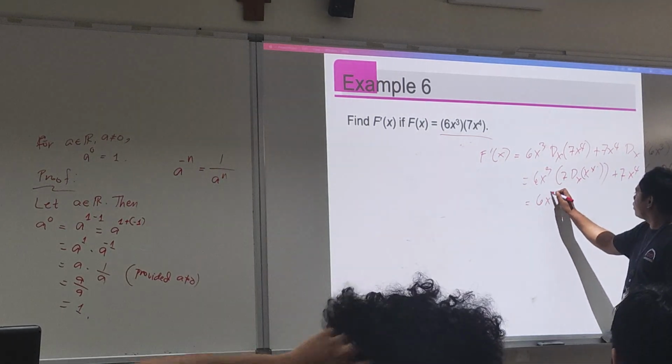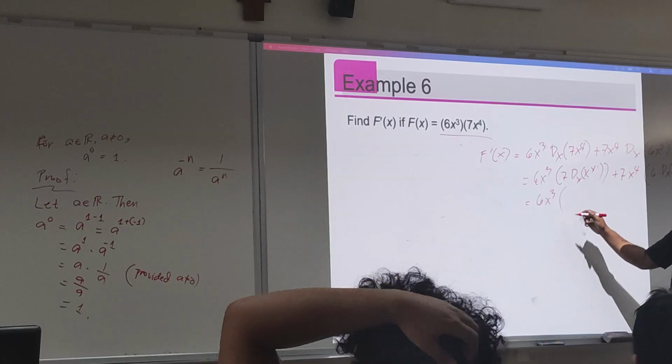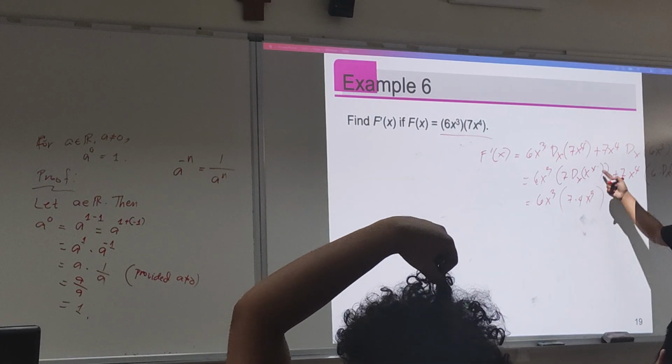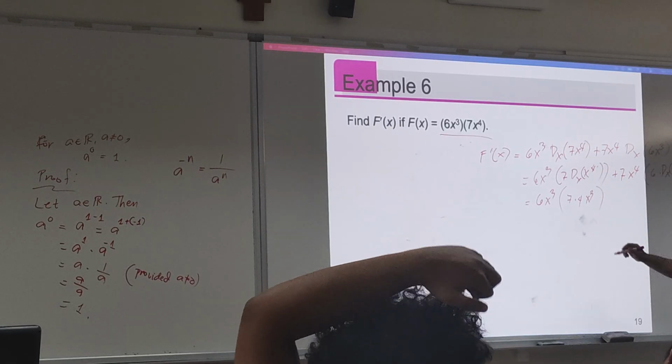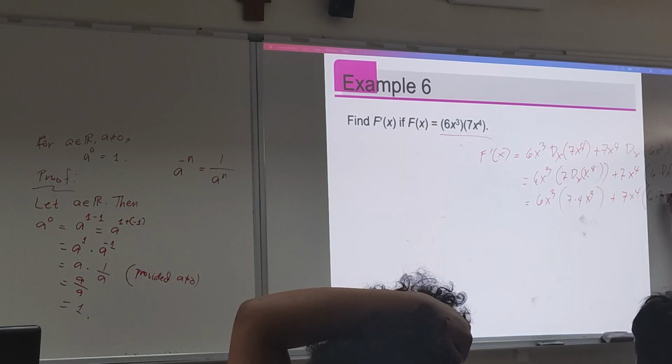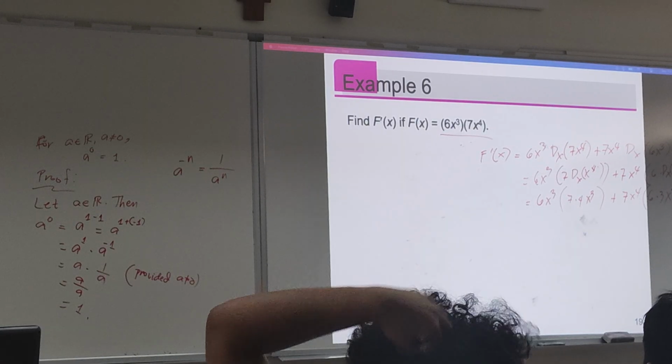So this is 6x cubed, this one is 7 times 4x cubed, plus 7x to the 4th times 6 times 3x raised to 3 minus 1, that is just 2.